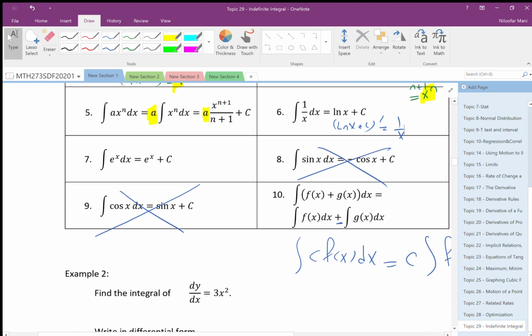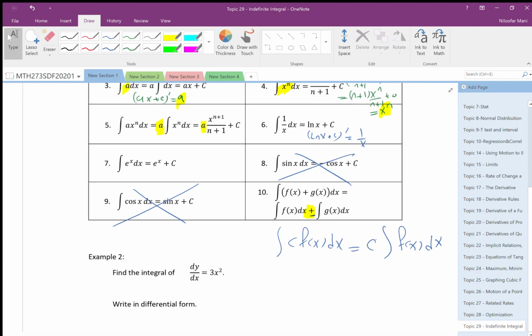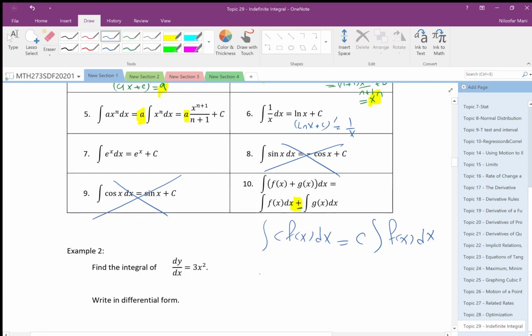How about if I have plus and minus? The same as before, I can distribute the integral. But remember, it doesn't work for multiplication, nor for division. If I have the integral of f(x) g(x) dx, it is not the integral of f dx times the integral of g dx.